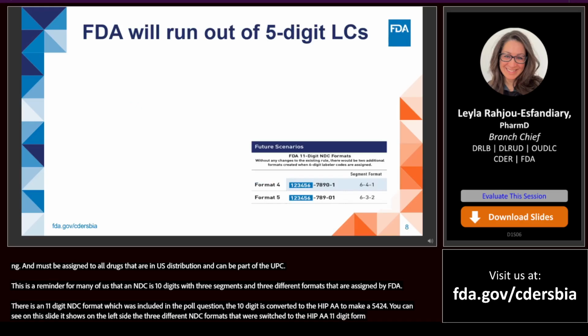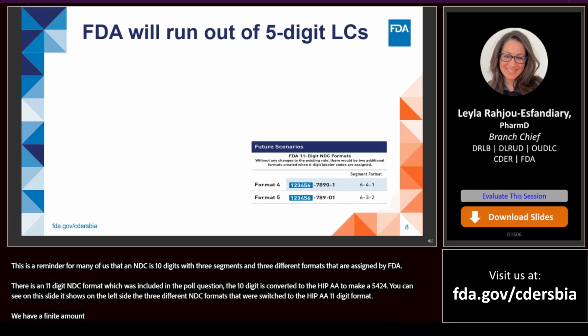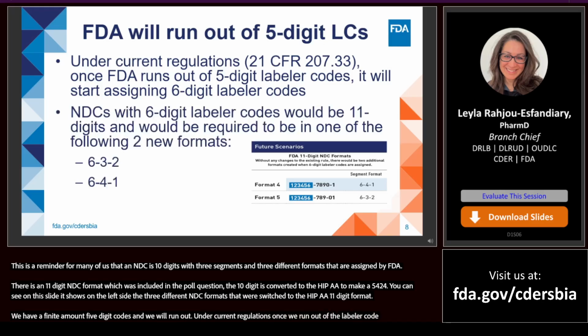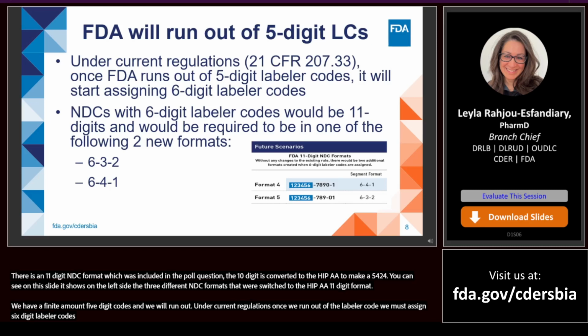So we have a finite amount of 5-digit labeler codes, and we will eventually run out. Under current regulations, once we run out of 5-digit labeler codes, we must assign 6-digit labeler codes. That will create an 11-digit FDA-assigned NDC and will introduce 2 new formats to the current formats of the NDC, the 632 and the 641.